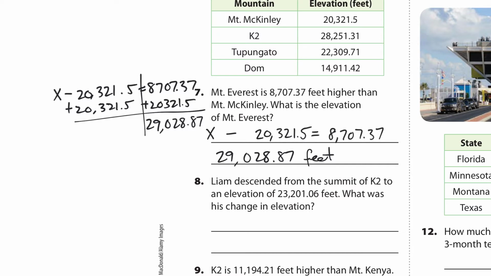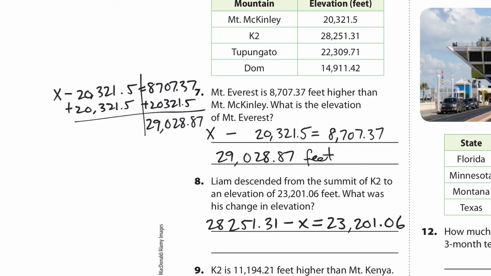And he descended, so that means he went down. How far did he go down? We're trying to figure that out, so that's x. And then he ended up at this elevation of 23,201.06 feet. So there's our equation that we created.